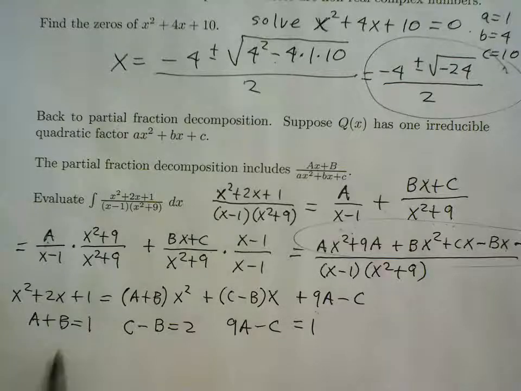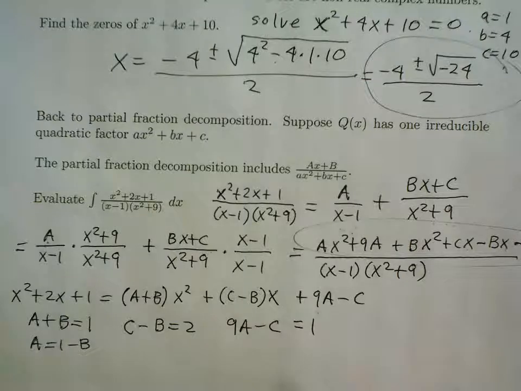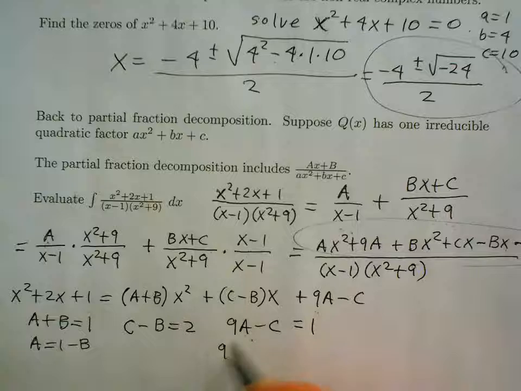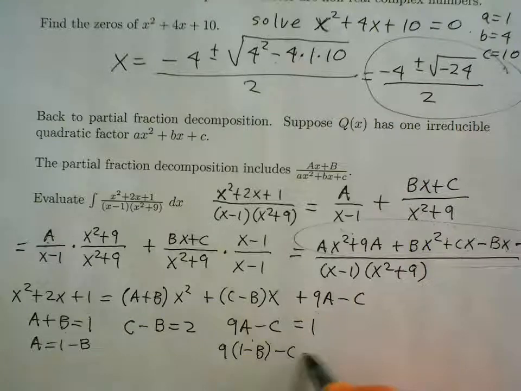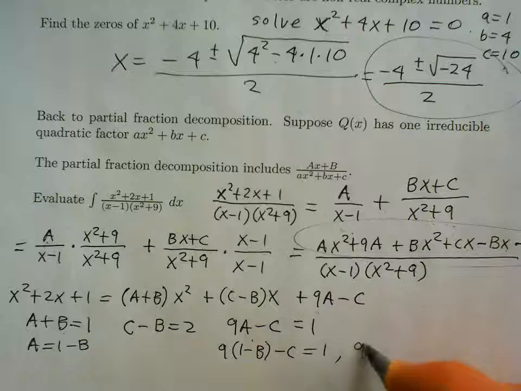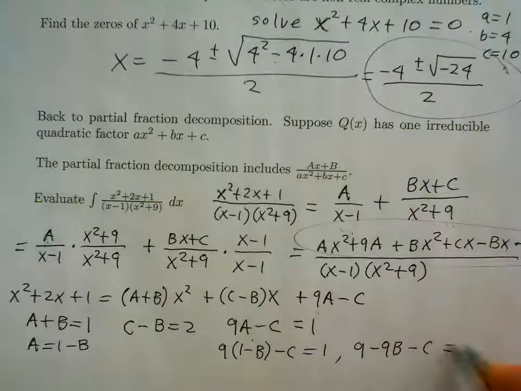I'll solve the first equation for A. We get A equals 1 minus B. Then in the third equation, I'll replace A with 1 minus B. So I get 9 times the quantity 1 minus B, minus C, equals 1. Or 9 minus 9B minus C equals 1.